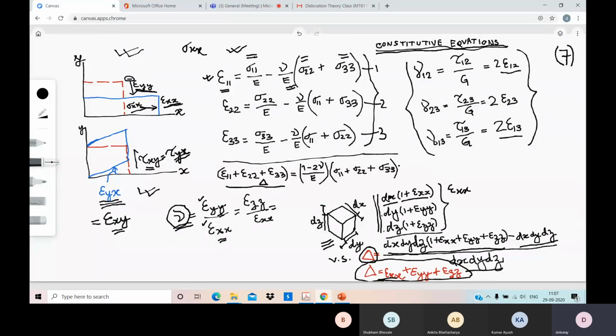If you divide this term by 3, that gives you the hydrostatic stress. The average of normal stress is hydrostatic stress. So sigma 1 plus sigma 2 plus sigma 3 by 3 is your hydrostatic stress. Since you have divided by 3 here, you have to multiply by 3 here.